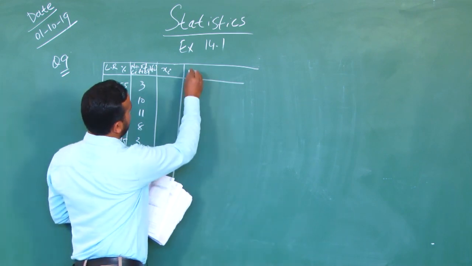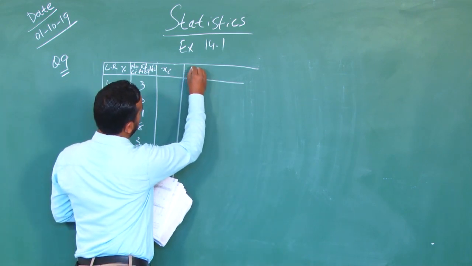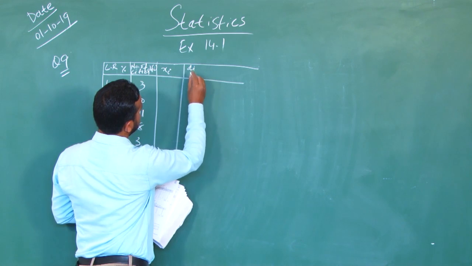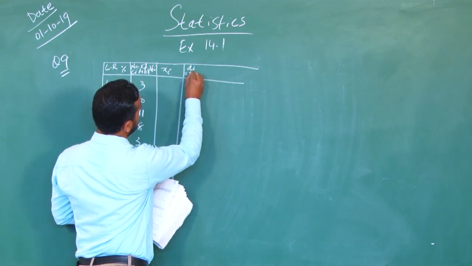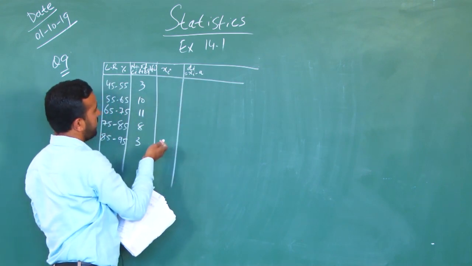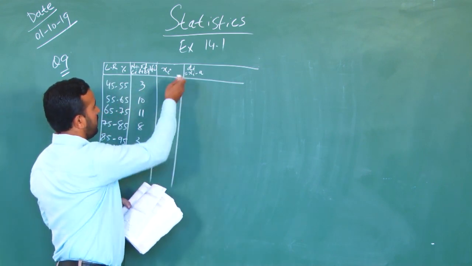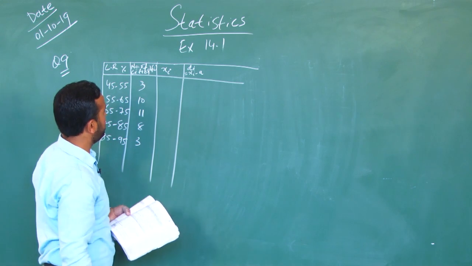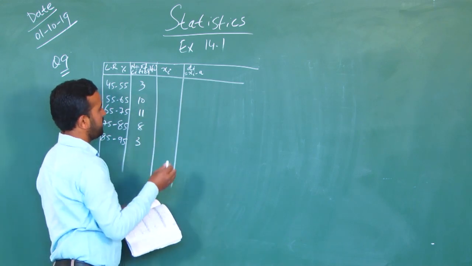Then in the next column we will calculate Di, that is deviations from the mean. As we know, that is equal to Xi minus A. We have to take the difference to the assumed mean, that we will select from the Xi values.